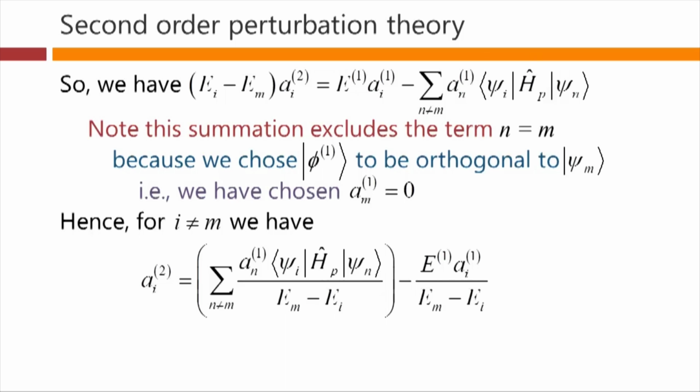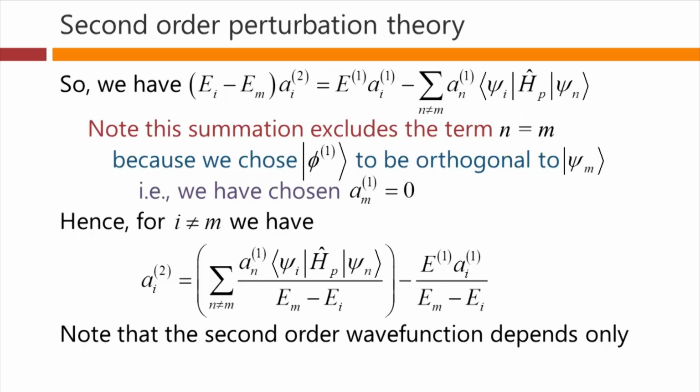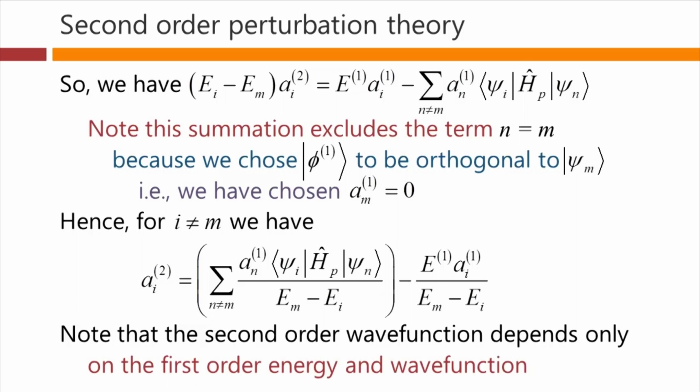And we've flipped around the signs, incidentally, with Ei minus Em here. We've got Em minus Ei there, so that's why that minus sign is gone. And it's why we have a minus sign in this term here. So we get Em minus Ei here, where we had Ei minus Em up here. Note, incidentally, that the second order wave function correction depends only on the first order energy and wave function. So these an1s and the ai1 are coefficients that we get from the first order wave function correction.